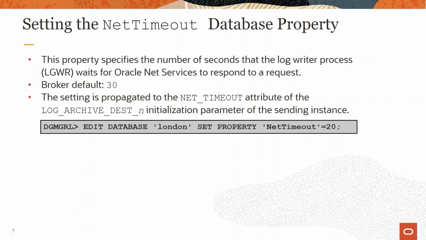However, if a standby database is not reachable or doesn't respond within NetTimeout, that is the time when the destination becomes a failed destination. So we can control the NetTimeout, and also we can control the frequency of checking the previously failed destination.